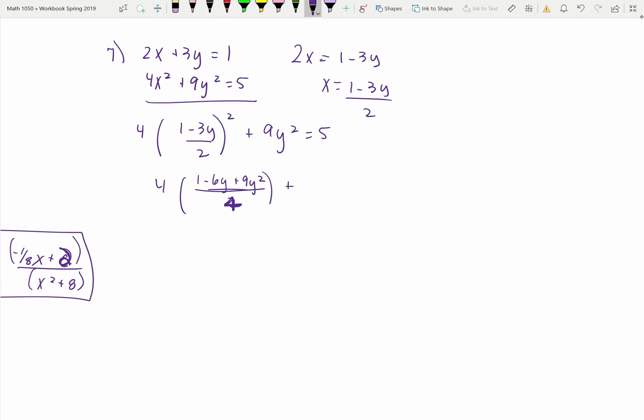And then I have plus 9y squared equals 5. So those 4s cancel out, and I have 1 minus 6y plus 9y squared plus 9y squared is equal to 5. Then I clean this up, and I get 18y squared minus 6y. The 5 comes over and becomes a negative, minus 4 equals 0. Okay?